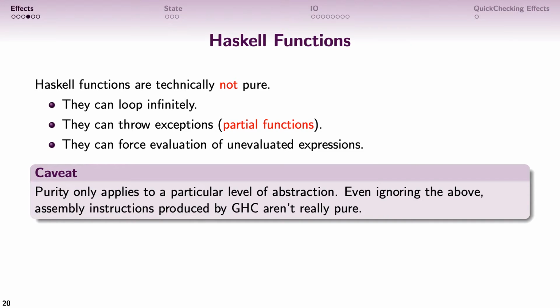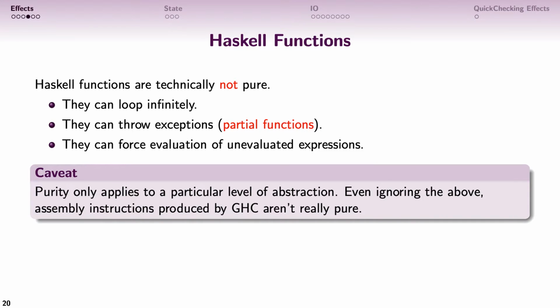But as I said before, this observability depends on your point of view. If we go below Haskell's level of abstraction to look at the assembly code produced by GHC, or the low-level C implementation of parts of Haskell's runtime system, then very little of Haskell programs are pure. Even something like adding a number in assembly language is adding numbers into registers, which has an effect on global state, and this effect on global state is clearly an external effect.